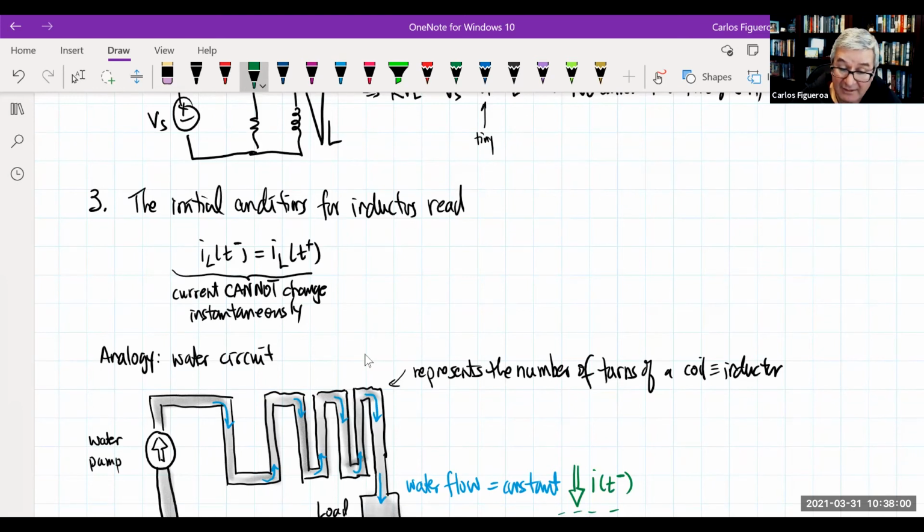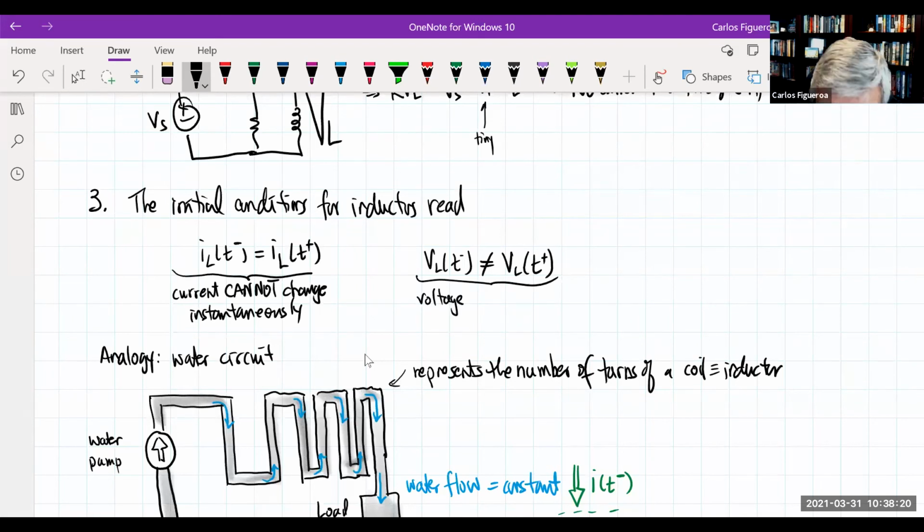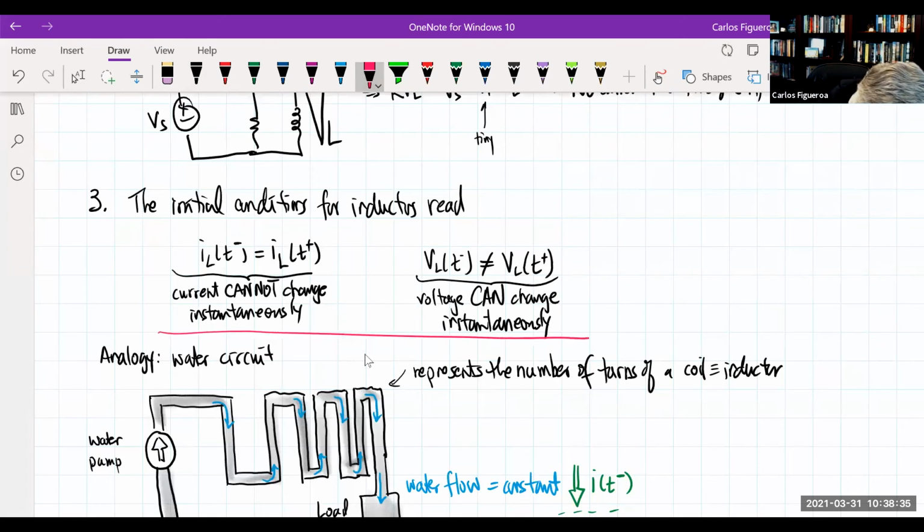However, that is not true for the voltage. The voltage of the inductor is typically not the same. We say the voltage can change instantaneously. Oh, absolutely it can change.